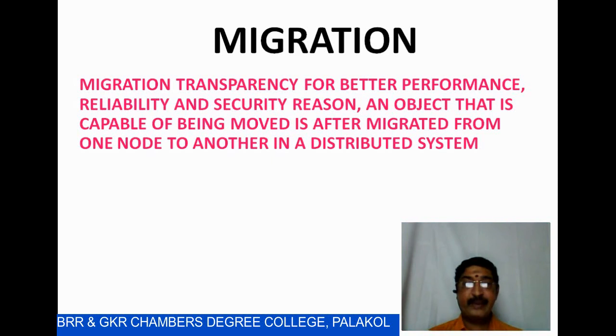Migration transparency. In migration transparency, objects must be able to move from one location to another. This is for better performance, reliability, and security reasons. In distributed systems, performance, reliability, and security are very important aspects. A distributed system depends on these features, and they must not be disturbed.